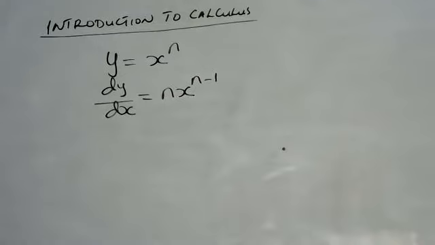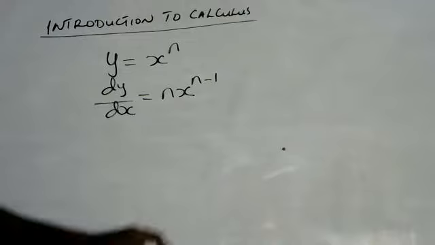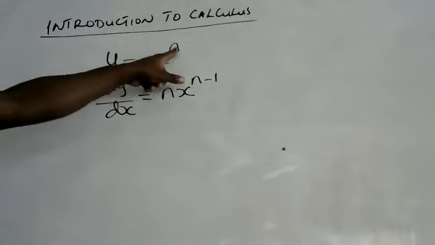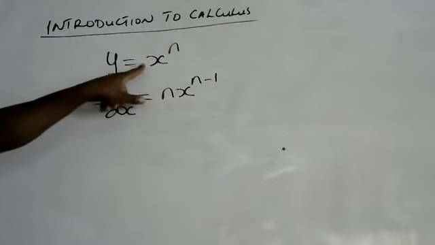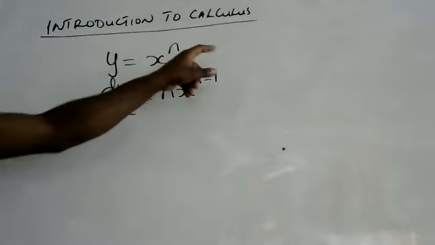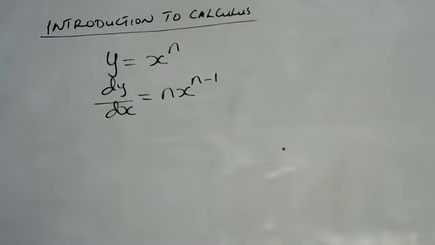The key thing I want you to note, don't be disturbed by this, is that this power will multiply the number that will be in front here, n times the number that we have here, and then the power will be reduced by 1.